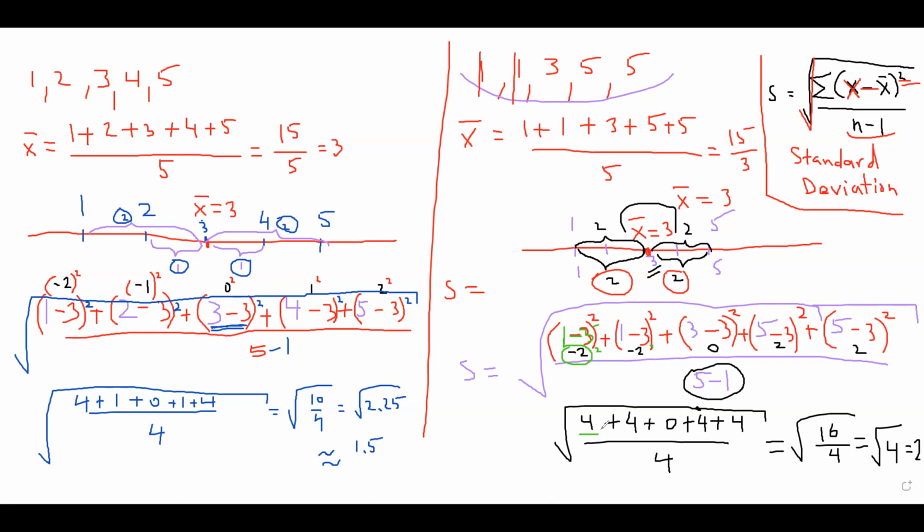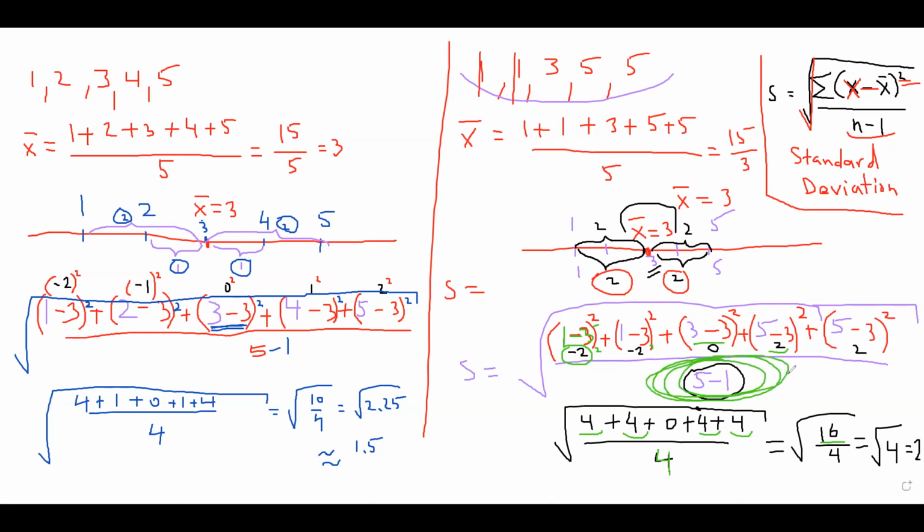Notice when you square -2 it's 4. Square another -2, it's 4. 3 minus 3 is 0. Then 5 minus 3 is 2, you square it, it's 4. And here's another 4. So you add these four 4s, it's 16, divide by 4 is 4, so the square root of 4 is 2. The point is you need to make sure that you subtract 1 in your denominator.